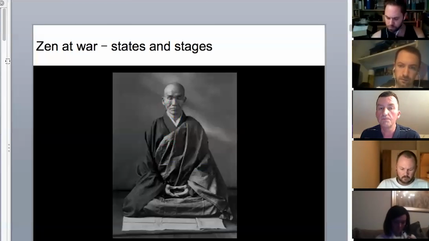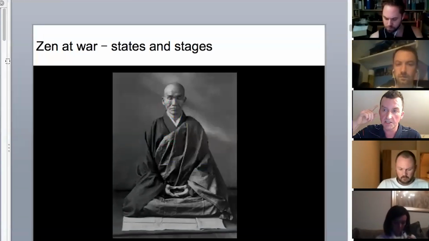And the reason that these stages can't be perceived in meditation is that even in that meditation space, with people with their eyes closed, what is being interpreted is still going through the lens of the stage that people are at.